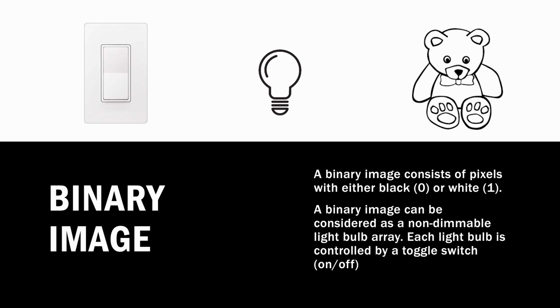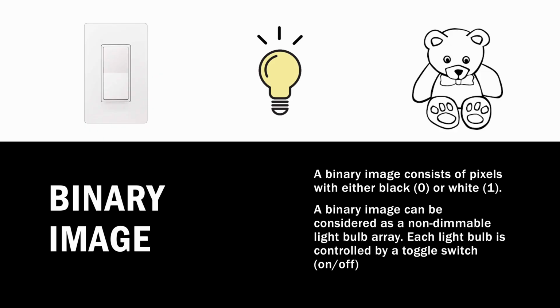A binary image is the simplest form of a digital image. Each pixel can only take one of two values: black, represented as 0, or white, represented as 1. You can imagine it as a basic toggle switch controlling a light bulb. The bulb is either on or off. There is no in-between.